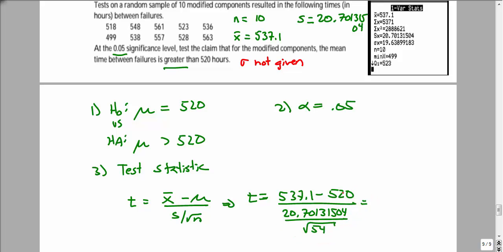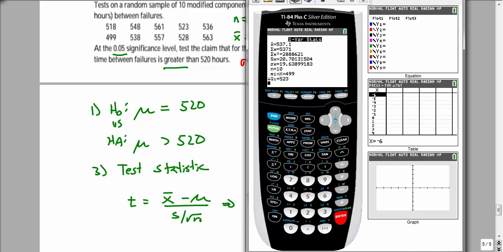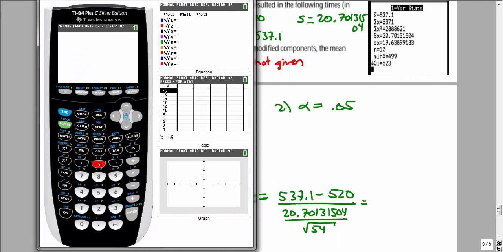Now again, we have to be very, very careful about how we plug this into the calculator. The entire numerator needs to be in parentheses. So I have 537.1 minus 520 divided by, make sure this is in parentheses as well, 20.701311504 divided by the square root of 54. Arrow out, close parenthesis, and this is going to be my critical value t.